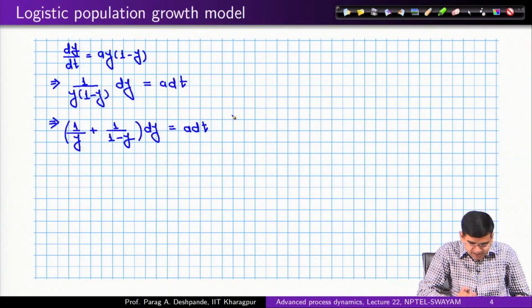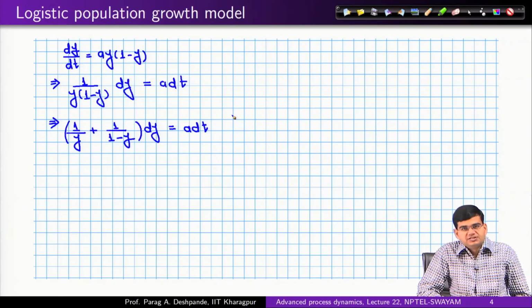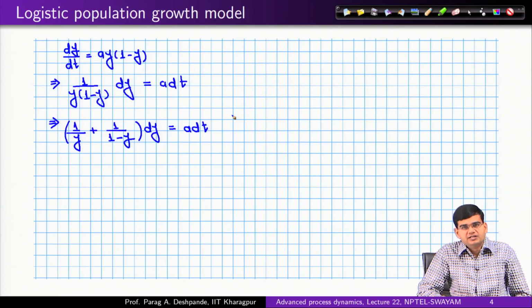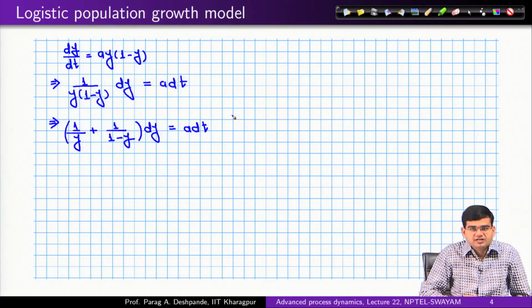Now, I can integrate on both the sides, determine the expression for the integration constant by putting in the initial condition and get the final expression.